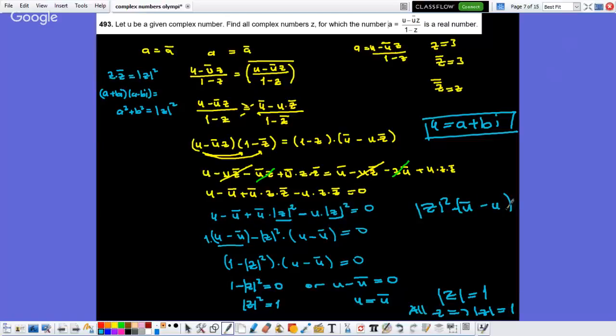U conjugate minus u and u minus u conjugate are additive opposites of each other, which means if you take the minus sign, then it's going to be equal to u minus u conjugate. This term becomes this one. If you distribute, you can get the same term again. So I made that one directly. I got minus z modulus squared in parentheses.